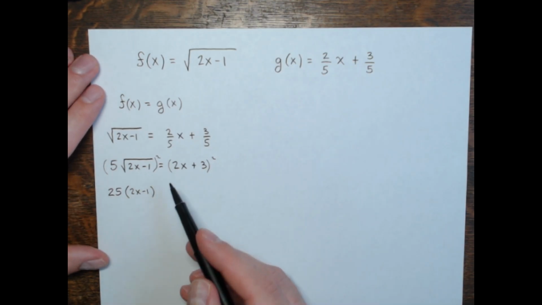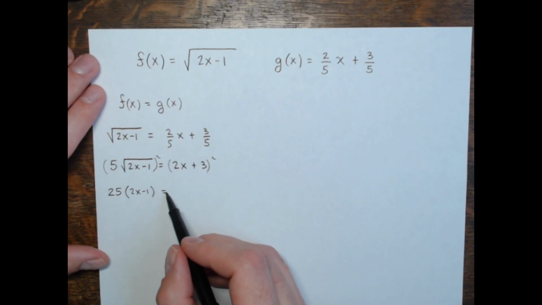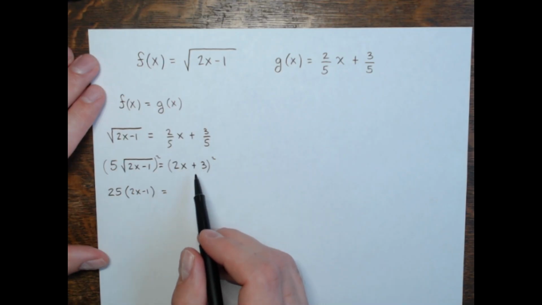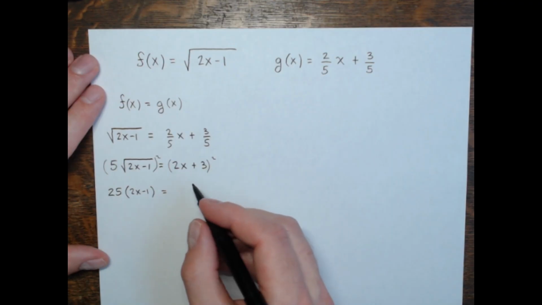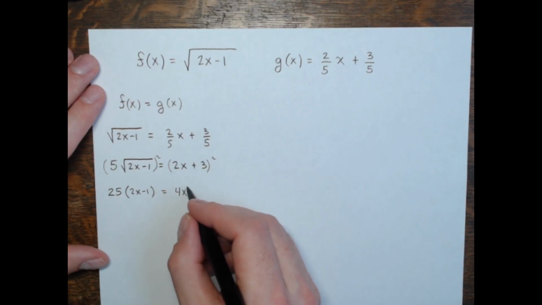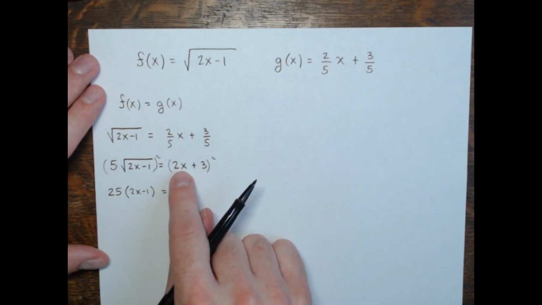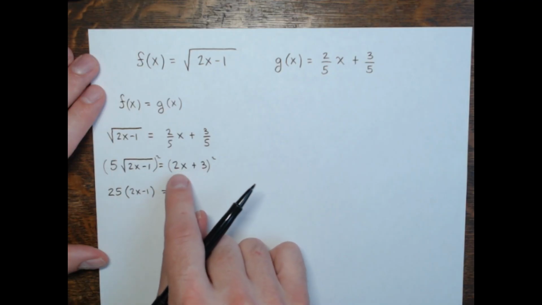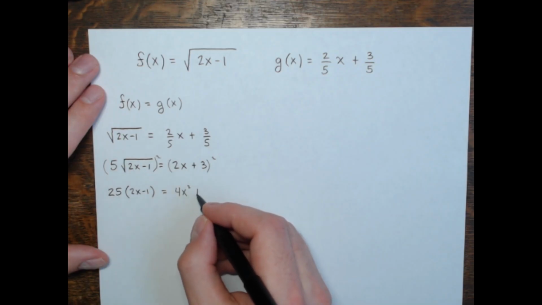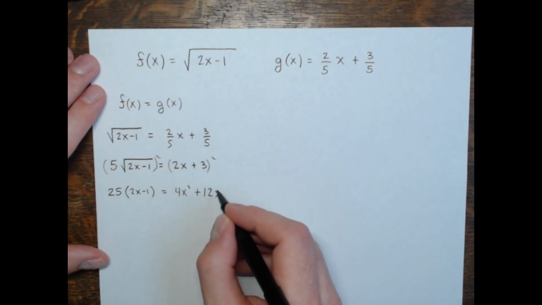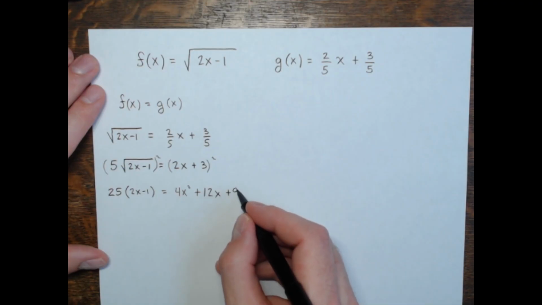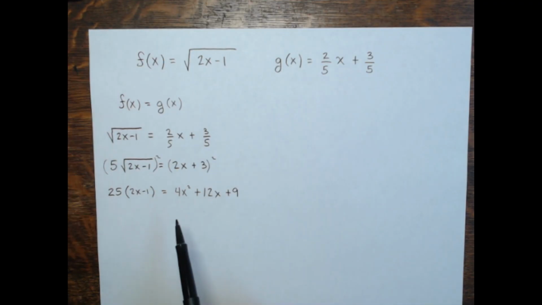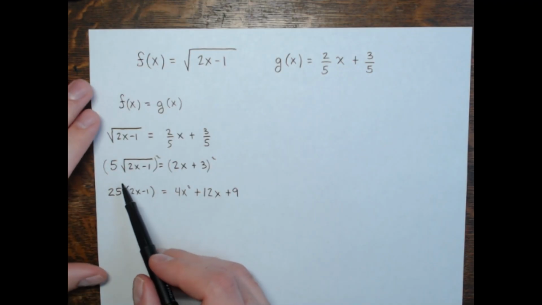Don't forget the parentheses around that radicand. Then over here, you got to do 2x plus 3 times 2x plus 3 and FOIL. This would be 4x squared, 2x times 2x. Then you have 2x times 3, but twice, so 6x and 6x for 12x, plus 12x, and then 3 times 3 is 9.